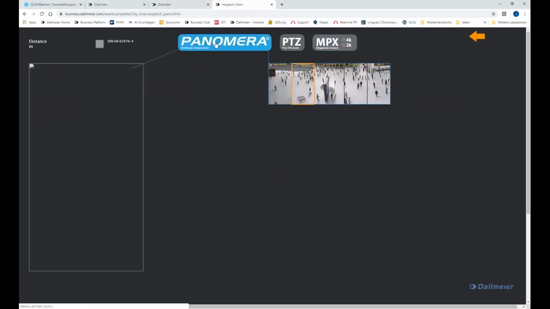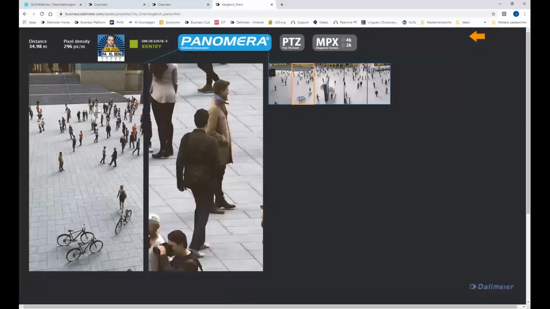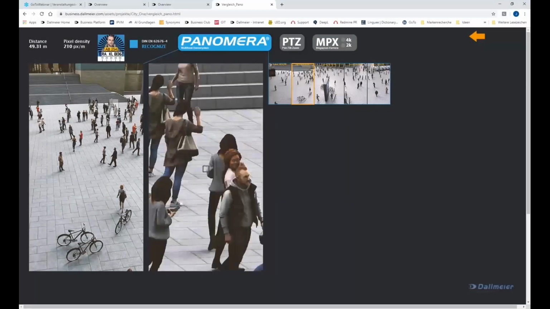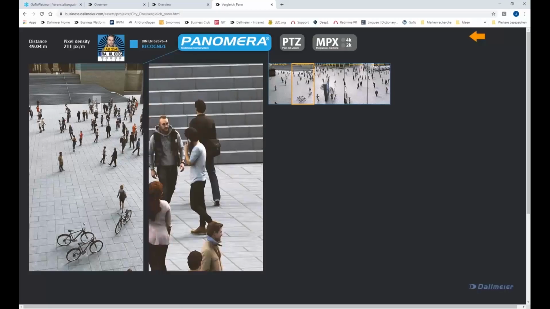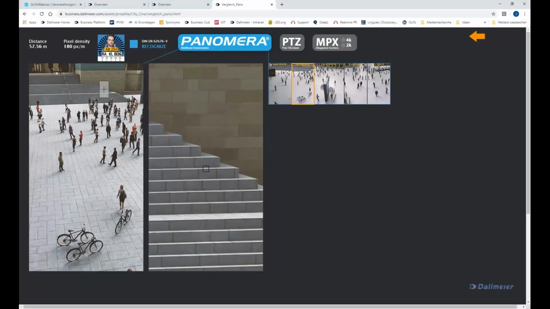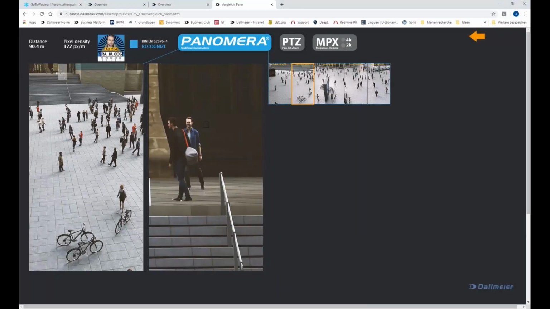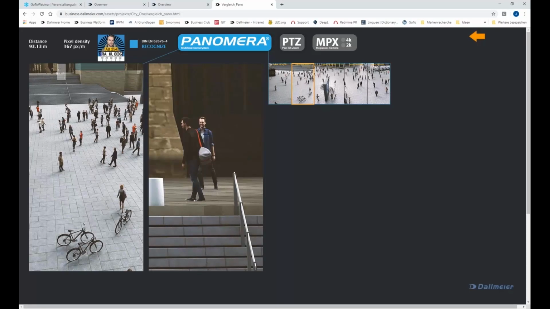Now let's have a look what happens when you do the same thing with Panomera. Regardless of where you are, as you can see, we are always on 150 pixels or more, so recognize or identify in our DIN situation. And even in the far back, at 93 meters, we have a pixel density of 167 pixels per meter.